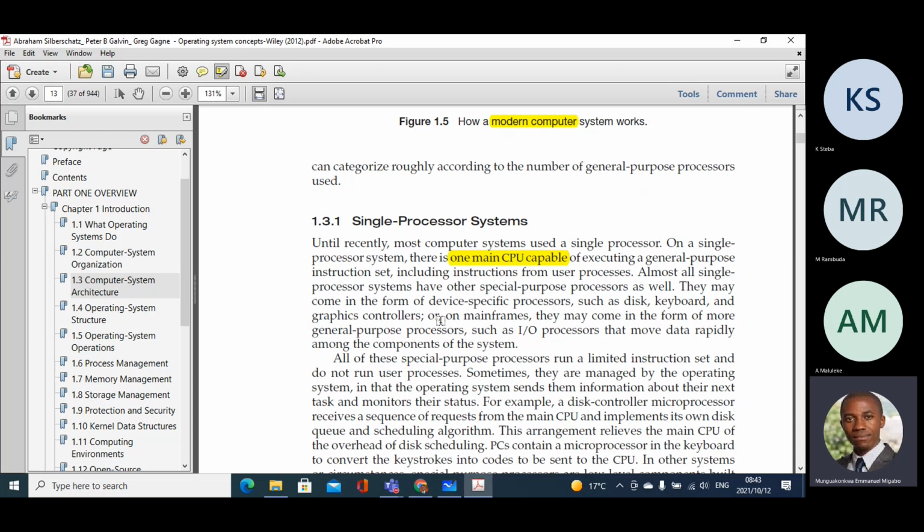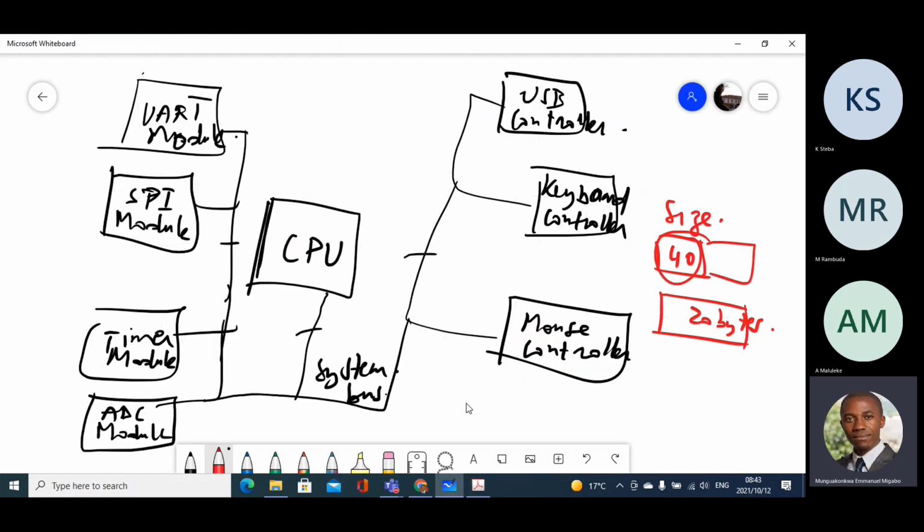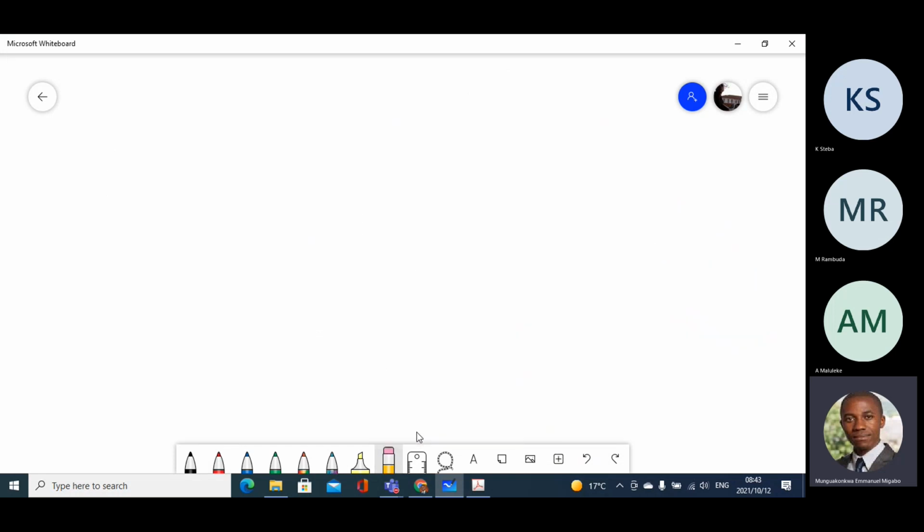From memory, because they're preloaded in memory. And not only the general purpose instructions, but also instructions coming from the user processes. In the hierarchy as we studied it, these will be instructions coming all the way from your user applications.